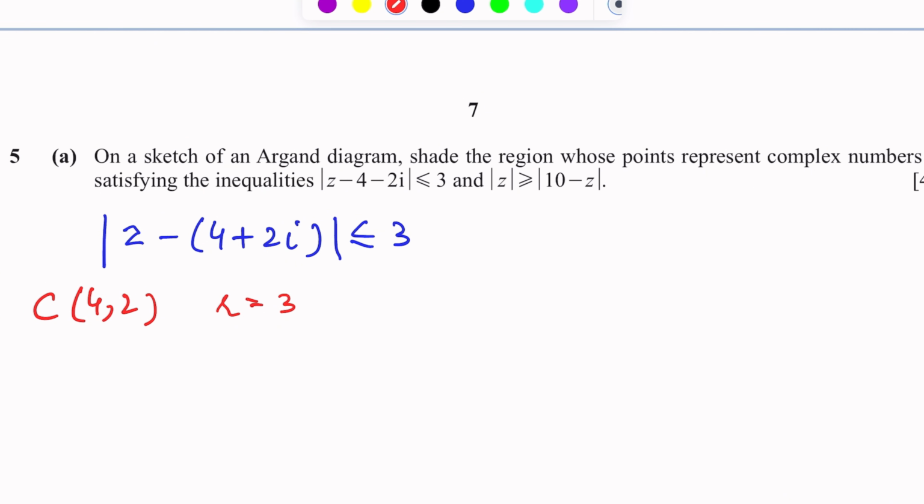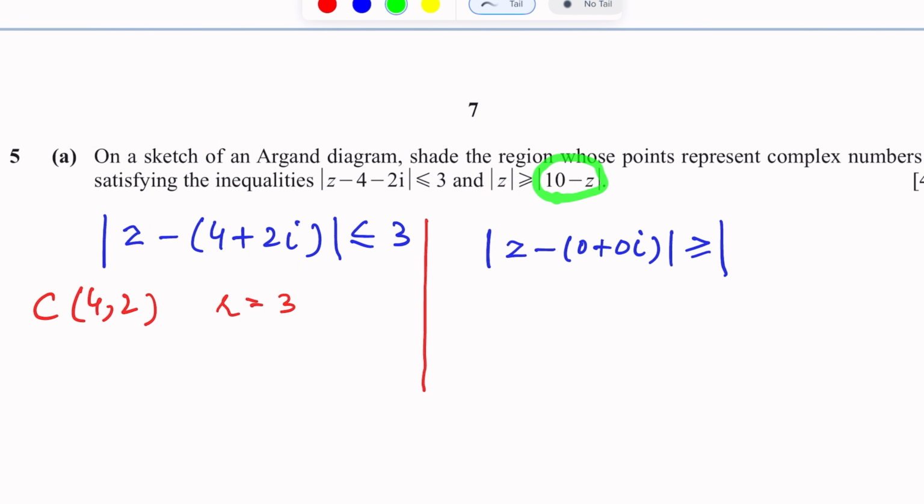We will write this also in the same format. Modulus of z we can write as modulus of z minus (0 plus 0i). Here z is a general complex number, and 0, 0 is another complex number, that is the origin. This is greater than or equal to modulus of 10 minus z. Since it is a modulus, we can also write it as modulus of z minus 10. We have written this so that we can write it in the same format.